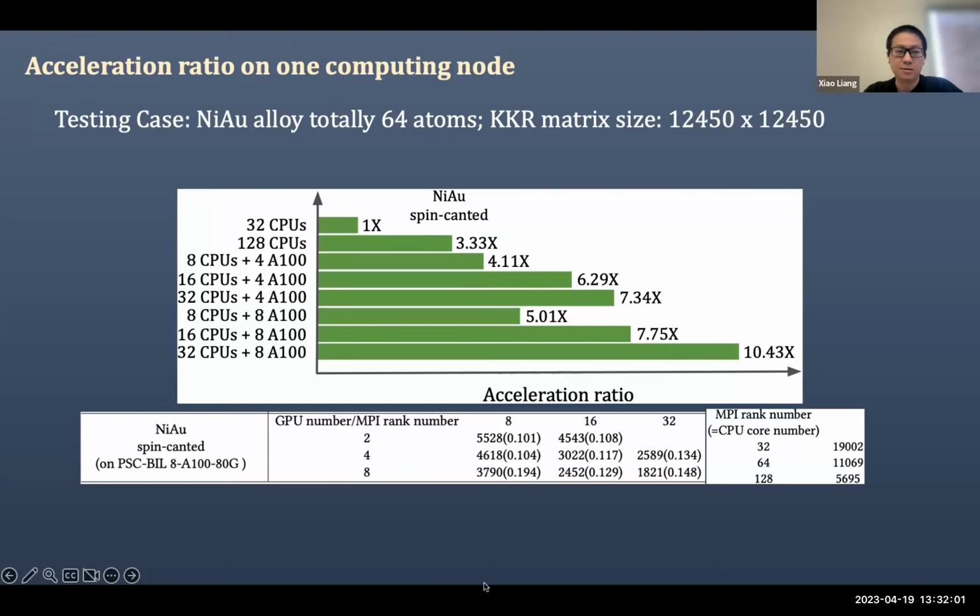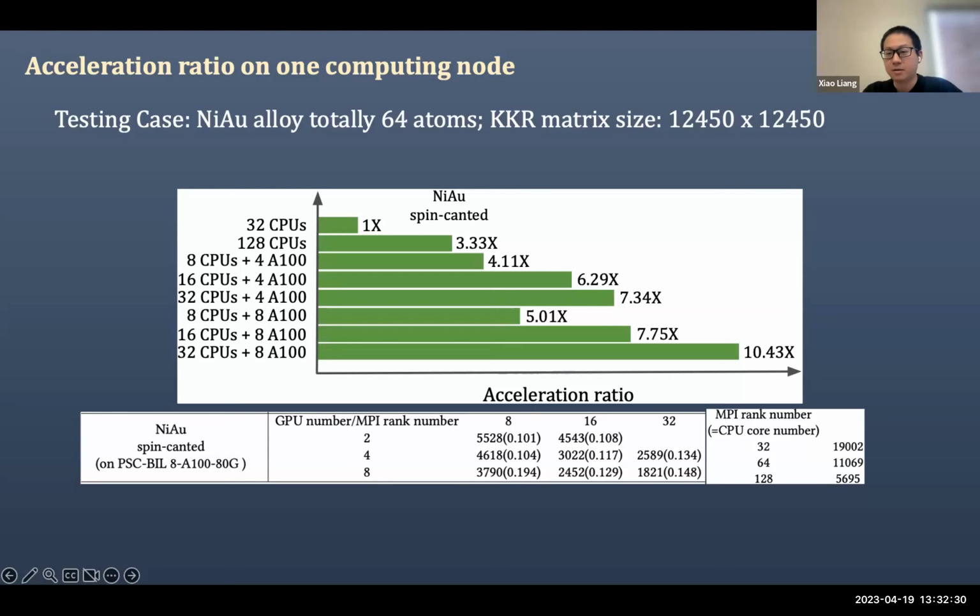If we look at a case under the same CPU number, increasing the GPU number also leads to higher acceleration ratio. For the cases of both 8 CPUs and 16 CPUs, 8 GPUs are roughly 1.2 times faster than 4 GPUs. However, where there are 32 CPUs, 8 GPUs is roughly 1.4 times faster than 4 GPUs.